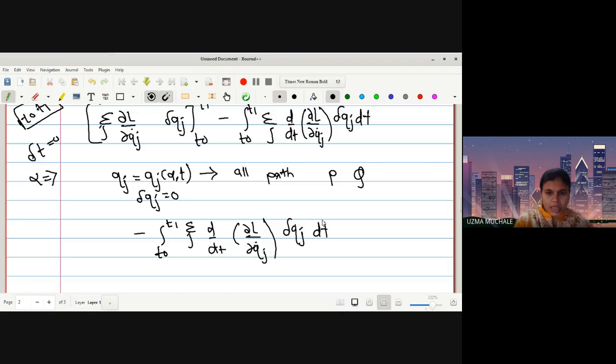So now using that equation, this is equal to summation over j dou L by dou Qj dot d by dt of delta Qj dt. So this is the value of the whole second term in our integration, that is equation 1. From equation 1, the second term, we got this value.